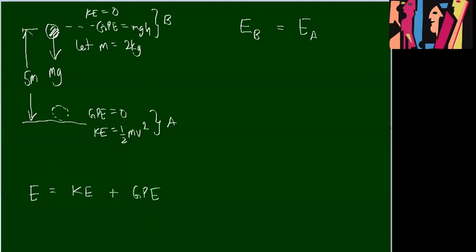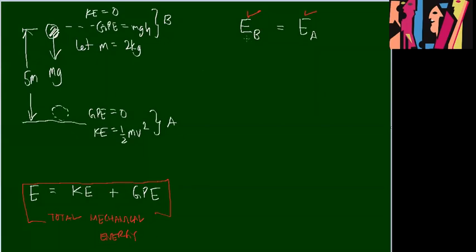This sum here is known as the total mechanical energy. So what we are saying essentially is the total mechanical energy before the object falls is equal to the total mechanical energy after the object has fallen.